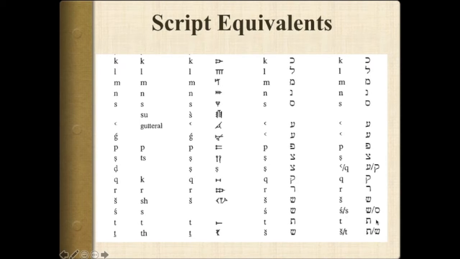The tav is the same, but there is in Proto-Semitic and Ugaritic a th sound, and that th sound is represented in Hebrew by shin, but in Aramaic either by shin or by tav.